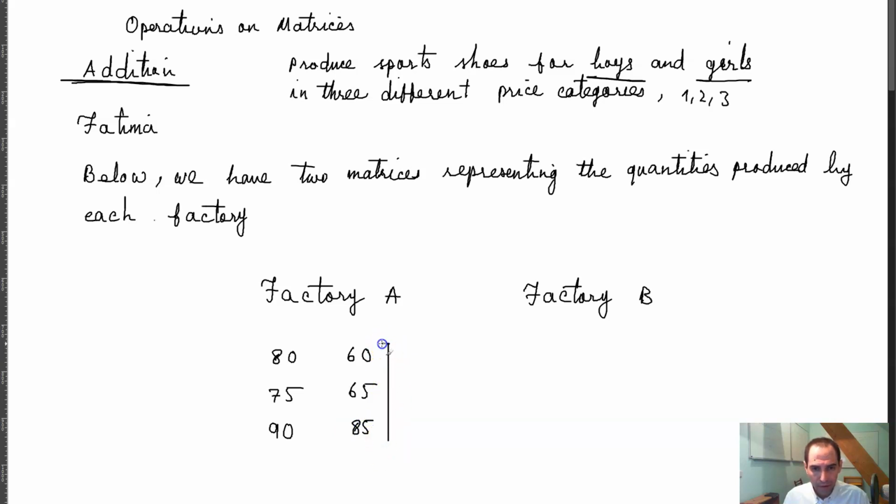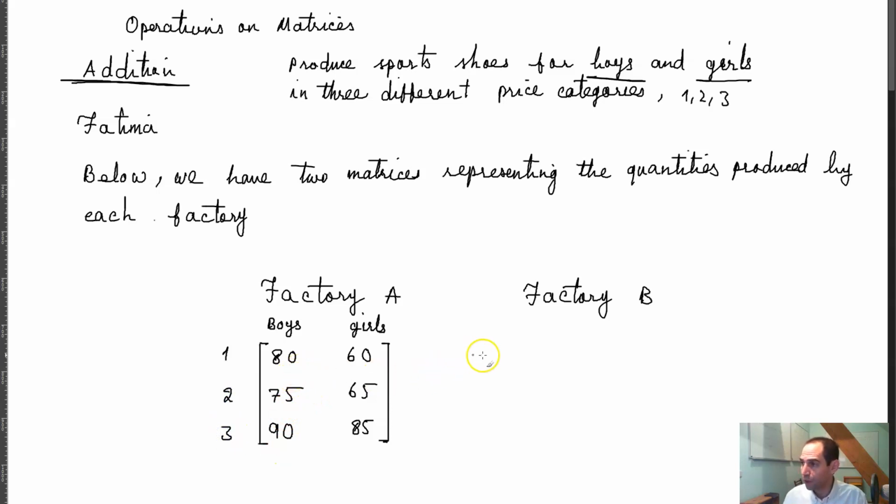And so from this you can create a matrix, and this becomes, for example, for boys, this for the quantities created for girls, and this is the price category 1, price category 2, price category 3.